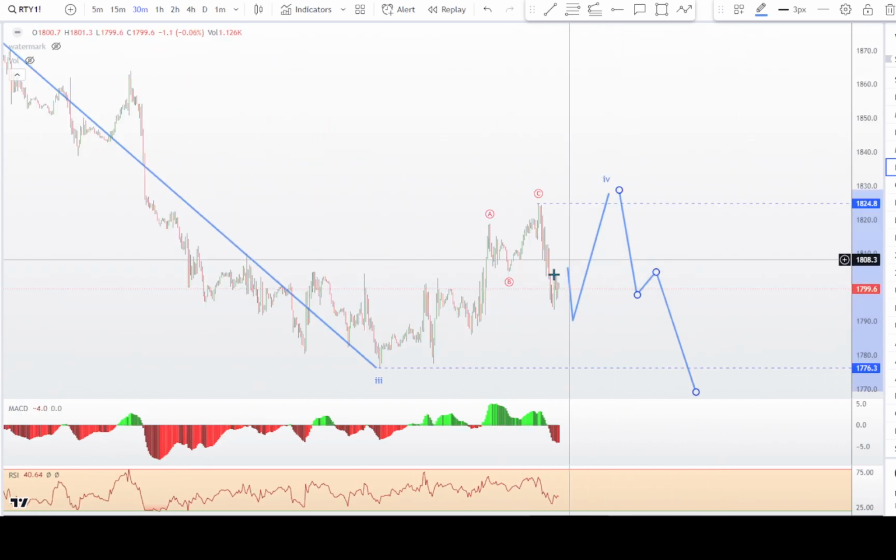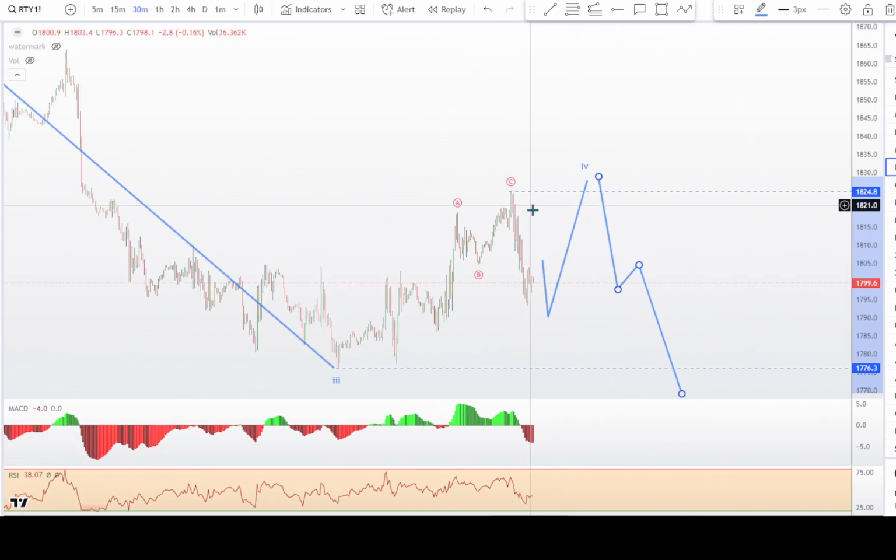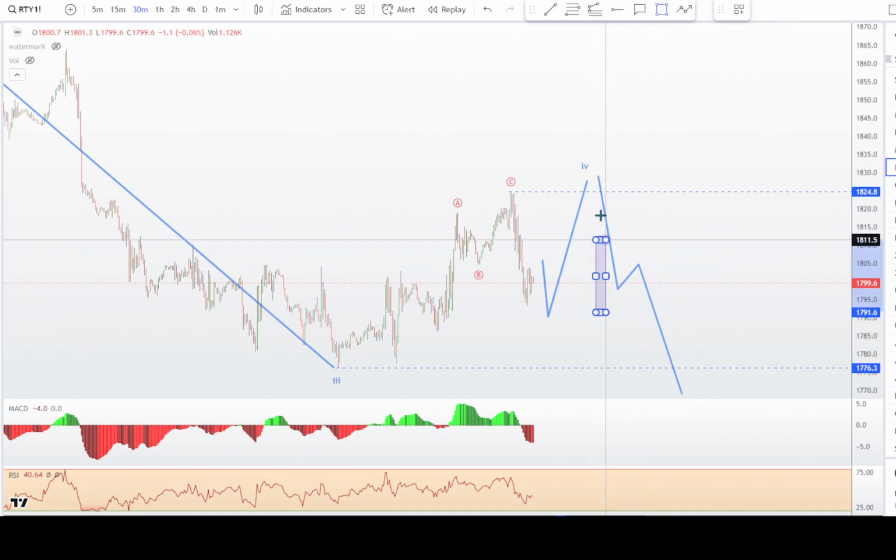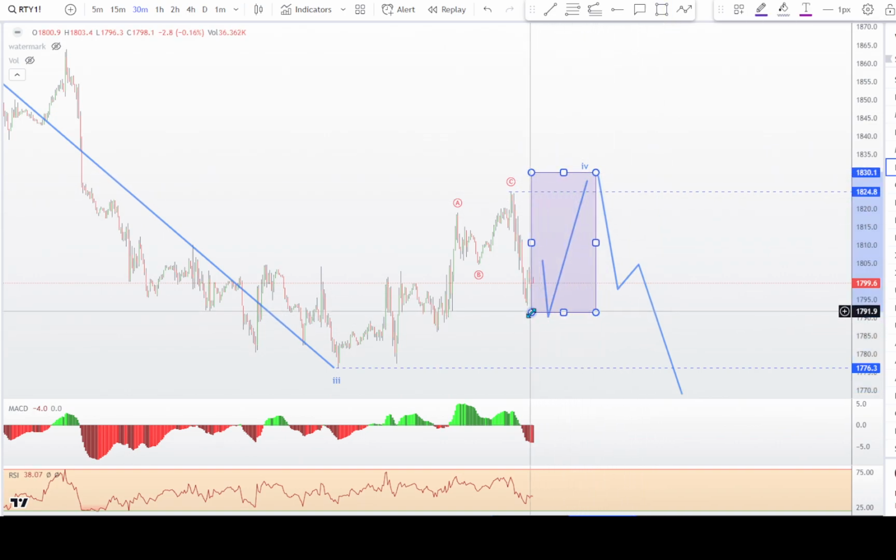And I just like that it matches up with what I see on the S&P and Nasdaq. I think it'll be choppy. This whole area is just going to be really, really choppy. It's going to go up, it's going to go down, and it's going to go back up, and then it'll reverse and go down in 3 waves.